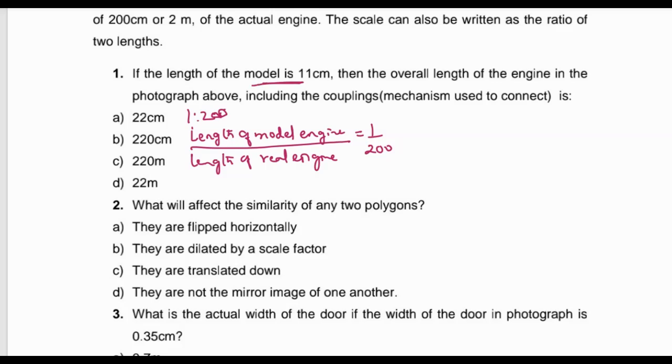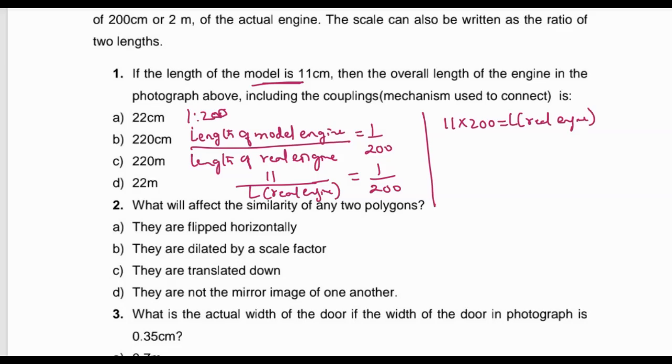Now what is the length of the model? They have given 11 centimeters. That will be 11 divided by the length of the real engine is 1 by 200. So now if you do cross multiplication, it will be 11 into 200 equals the length of the real engine.